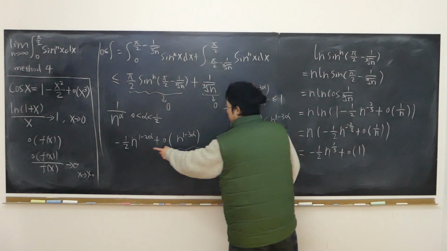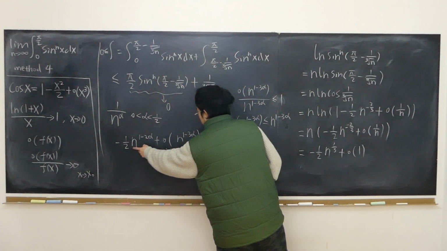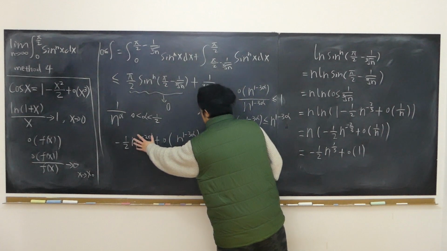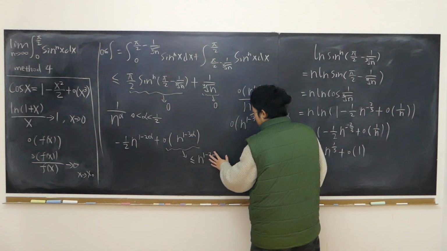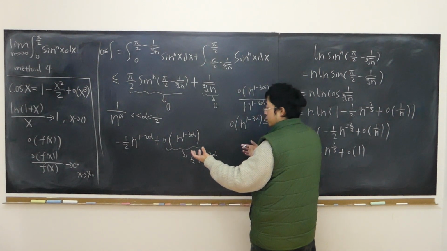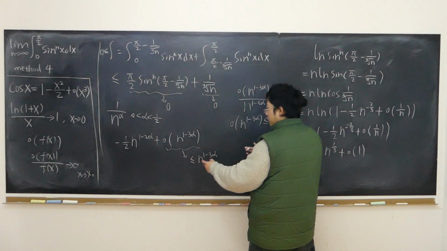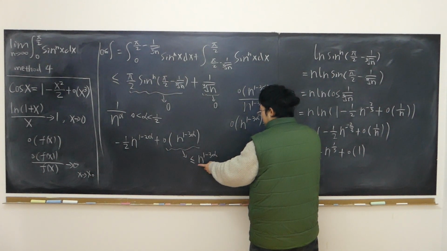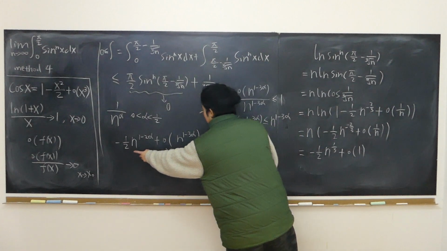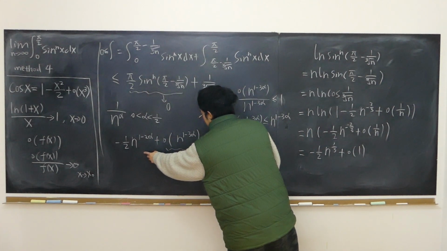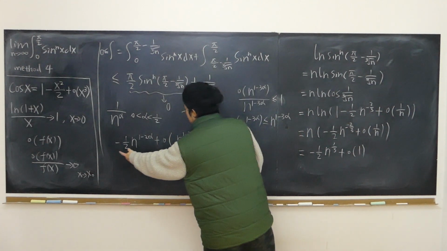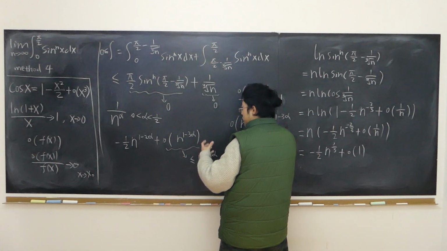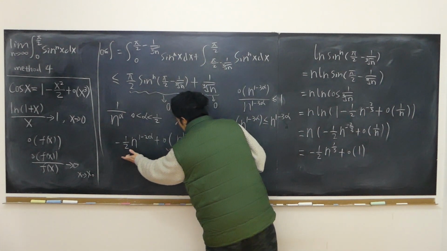Why? Because the power of this n is larger than this power. So they both may approach infinity, but this quantity approaches infinity slower than that quantity. So overall, the effect should still be negative infinity.